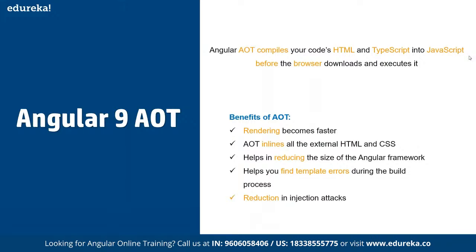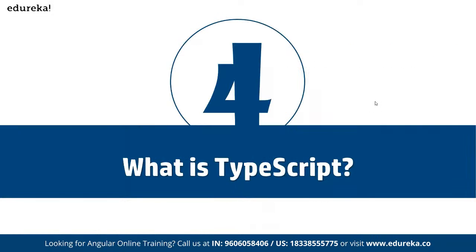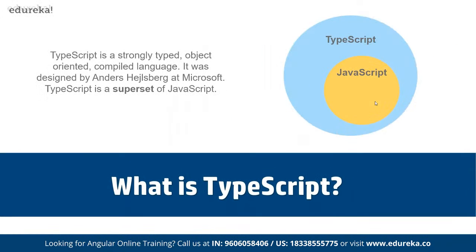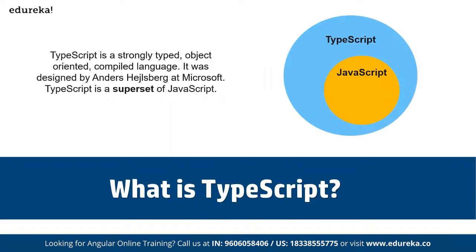TypeScript as well. So if you talk about TypeScript, then TypeScript is basically a strongly typed superset of JavaScript itself that compiles to plain JavaScript. And we can use this language for application-scale JavaScript development and it can be executed on any browser, any host, and on any operating system.